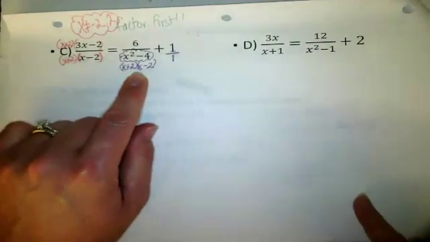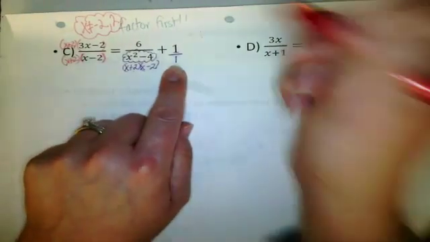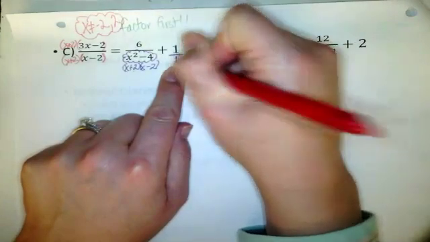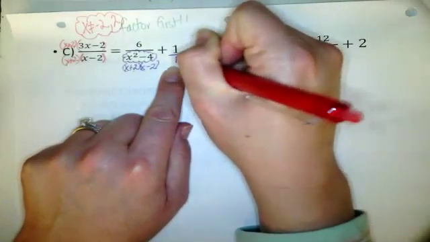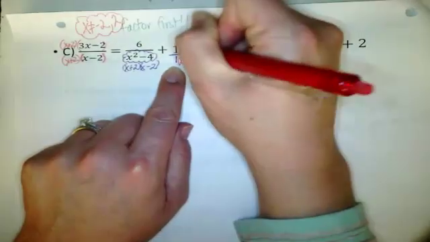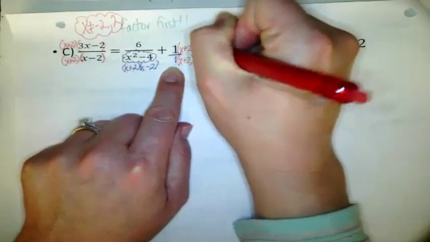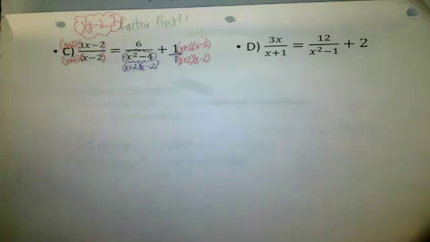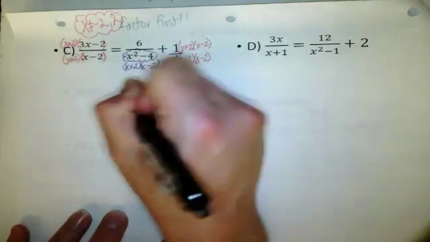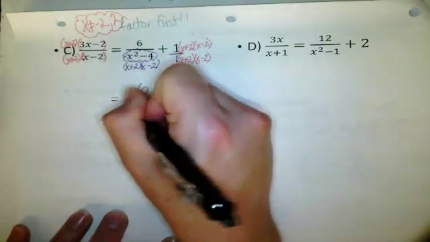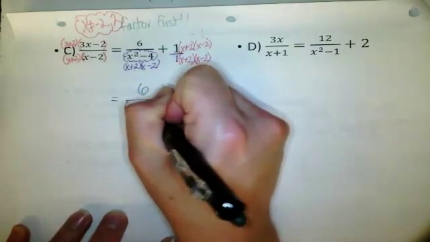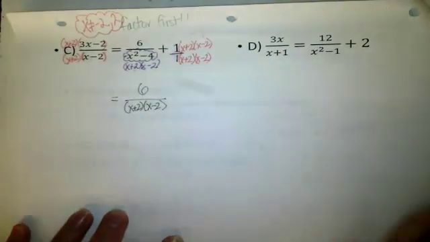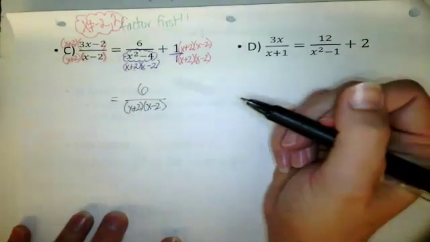It's got both bubbles. What does the 1 need? It needs both of them. It needs an x plus 2 and an x minus 2 on top and bottom. I didn't have to do anything to the 6, so that fraction is fine.